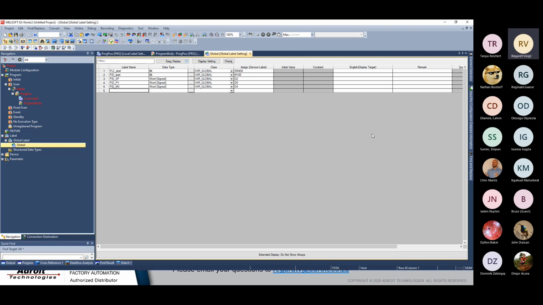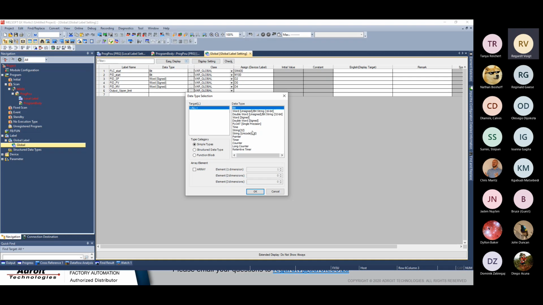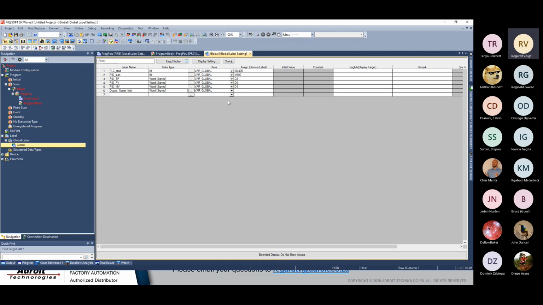So you don't have to include a scaling block or something like that. So I'm going to put the output upper limit here. We don't want this PLC to take the output analog signal over 16,000 or 30,000 or whatever you want it to be. Put it there.